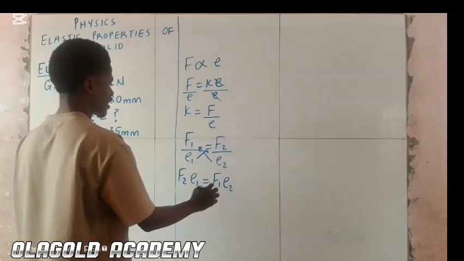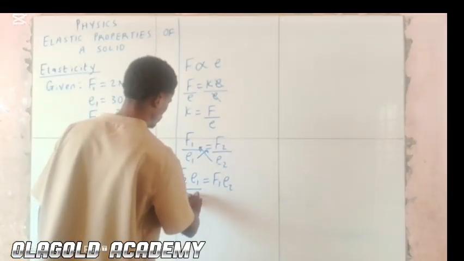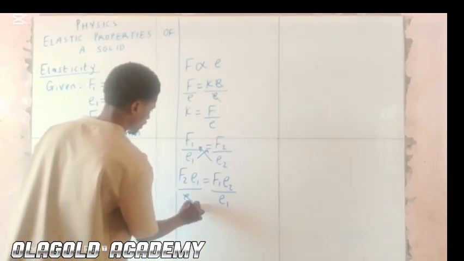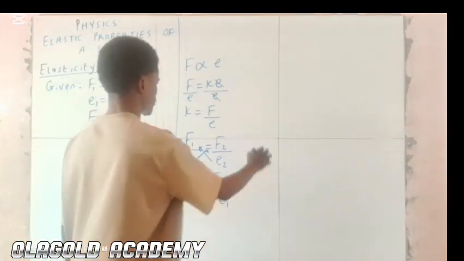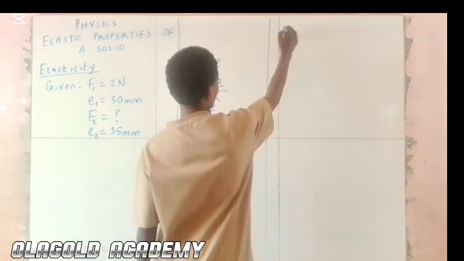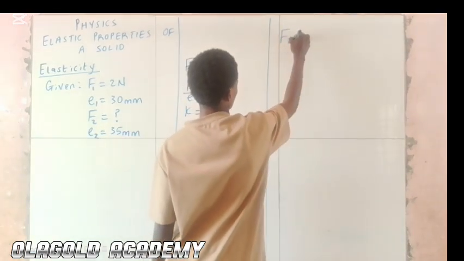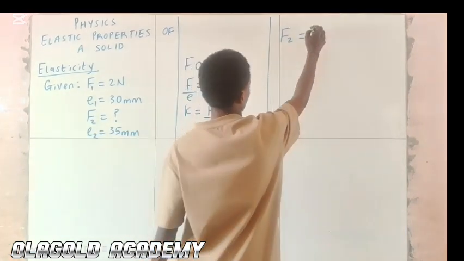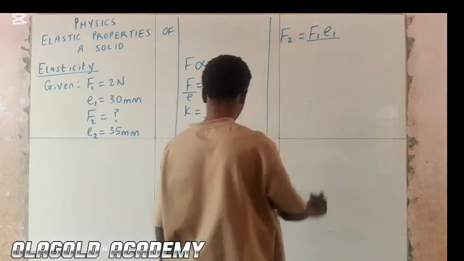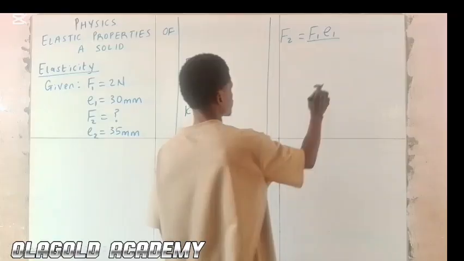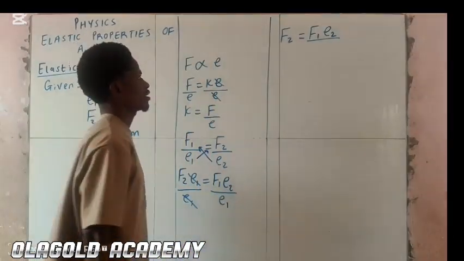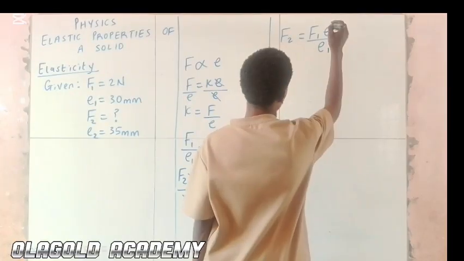So divide both sides by E1. E1 cancels E1. So I'm going to have F2 to be equal to F1 E2 over E1.